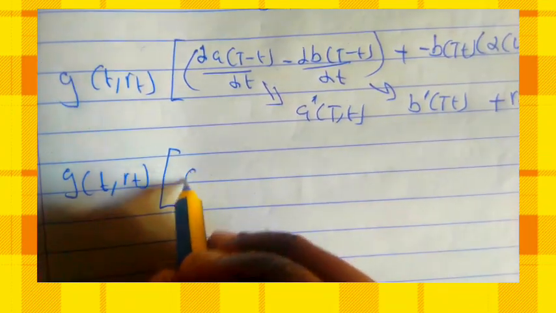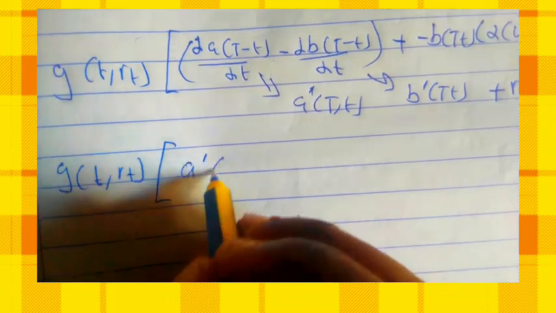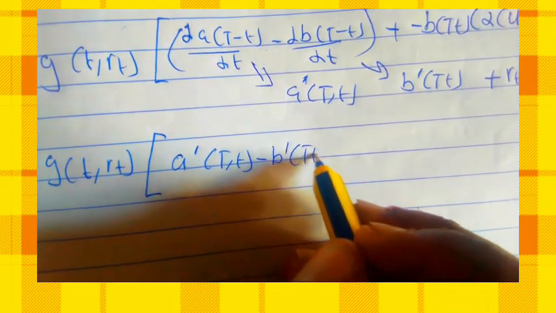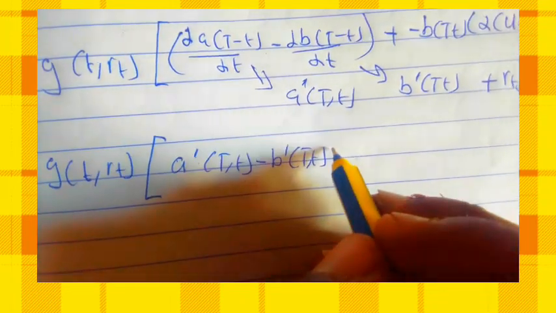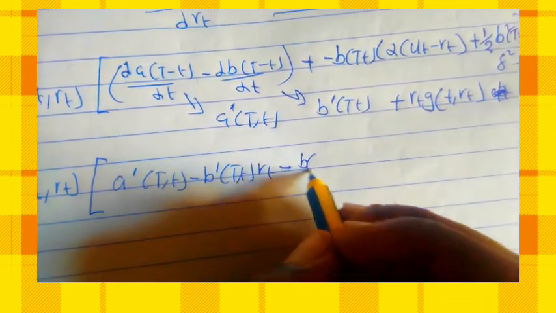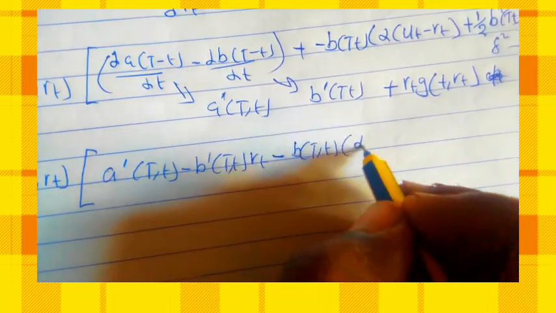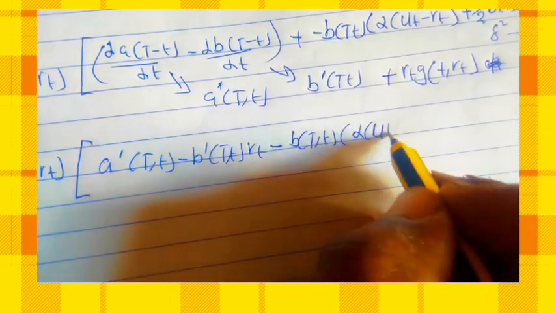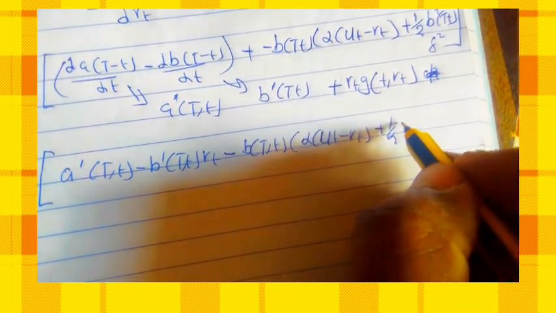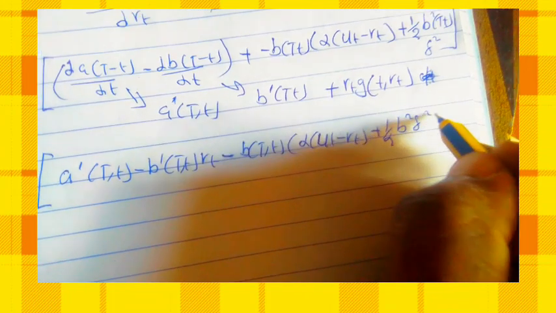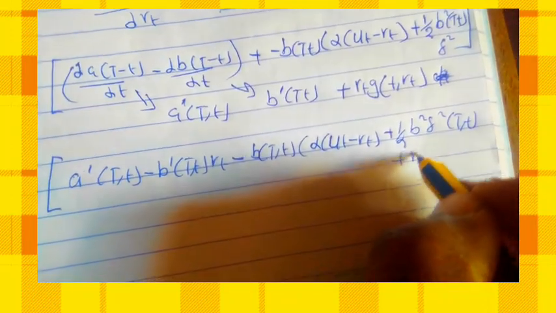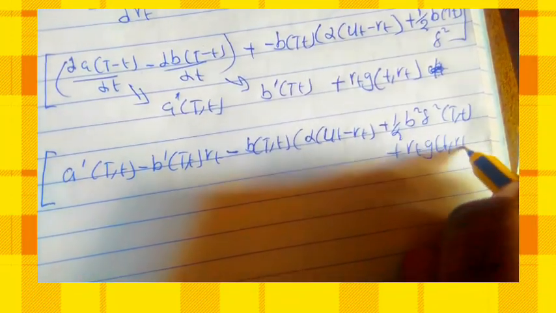So I'm going to get A prime(T, t) minus B prime(T, t) r_t, minus B(T, t) in the bracket alpha (mu_t minus r_t), plus a half B squared sigma squared(T, t), plus r_t g(t, r_t).